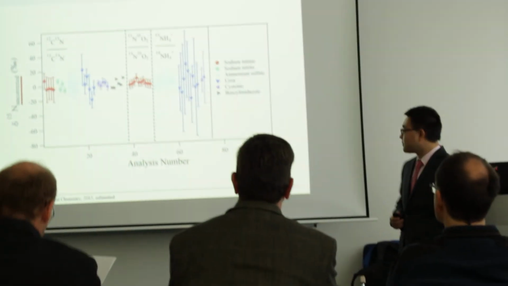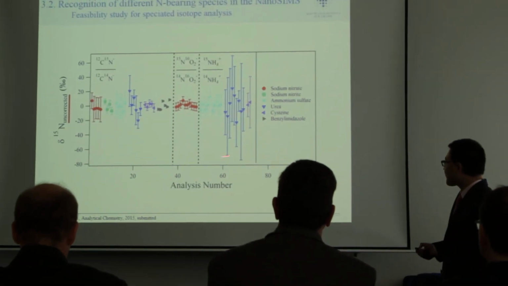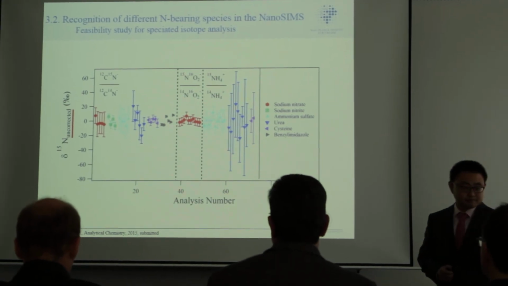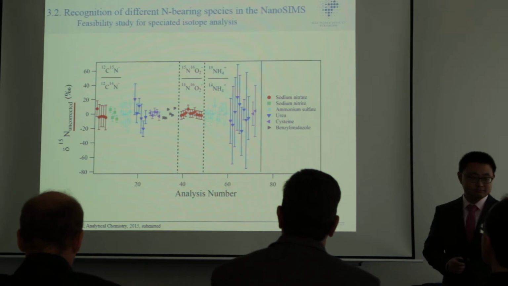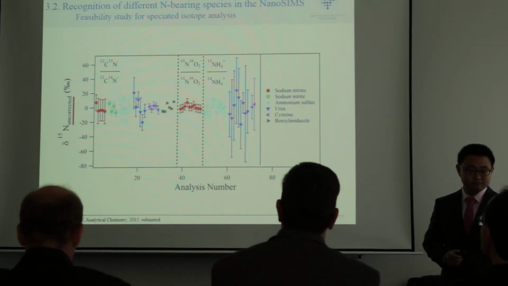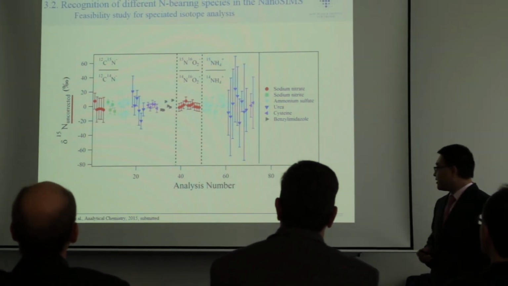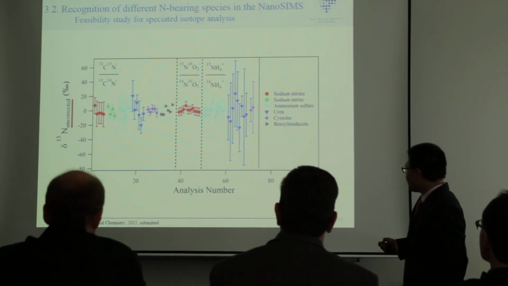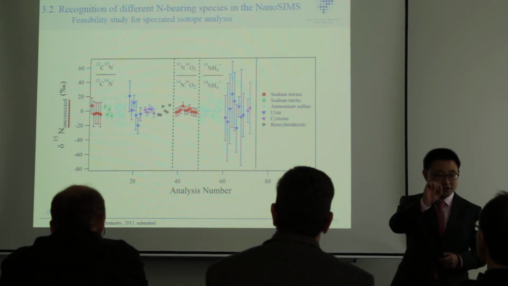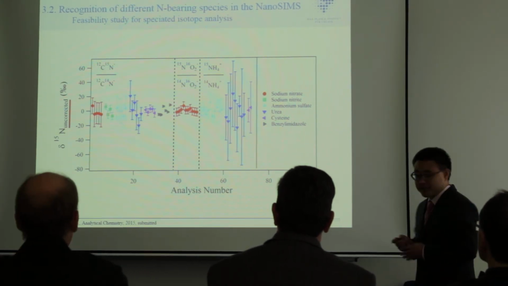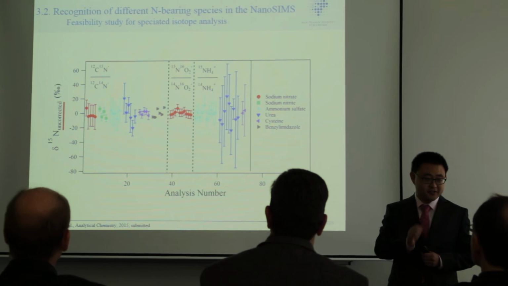It's interesting to see that the errors are very different, very large at 60 plus and much smaller at 60 minus. Where do these errors come from, and why is there such a big difference? Each dot is a single spot where we measured the sample.